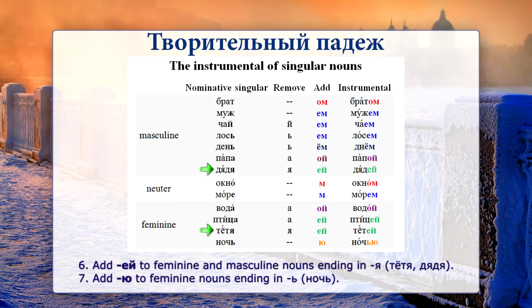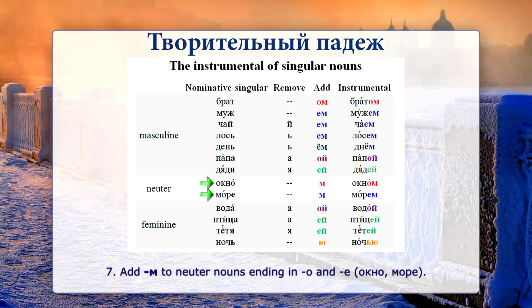Тётя – тётей, дядя – дядей. And we add ю to feminine nouns ending in the soft sign. Ночь – ночью. As for neuter nouns, we add м. Окно – окном, море – морем.